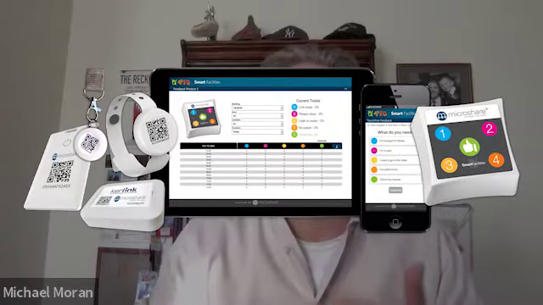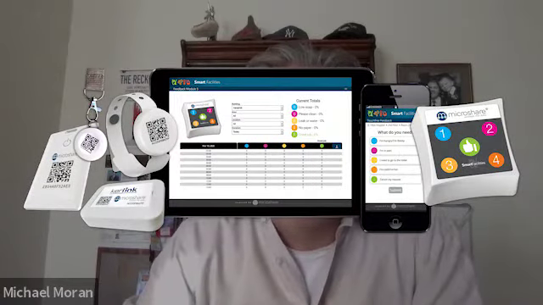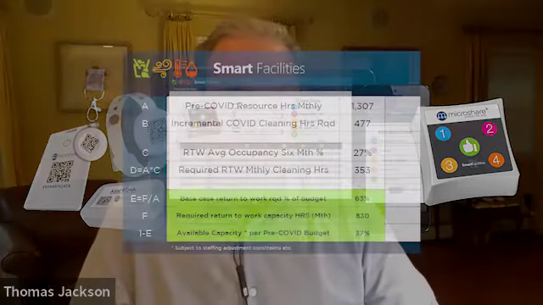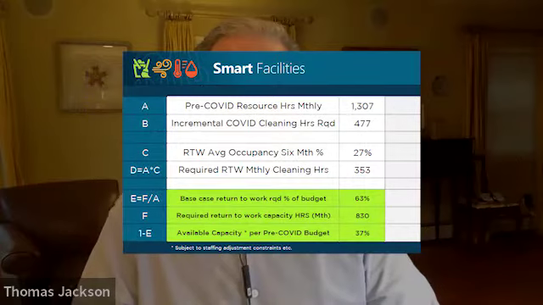So we have a lot of facilities now that are empty, or at least operating on relatively low capacity. How would people know what occupancy level they need to prepare for when people come back to work? Yeah, so there's a couple different ways they can think of that.